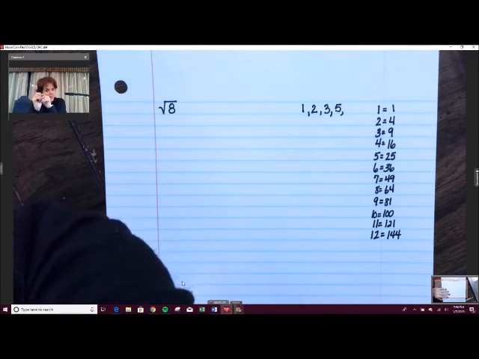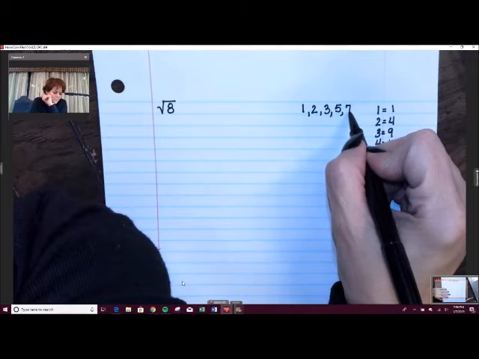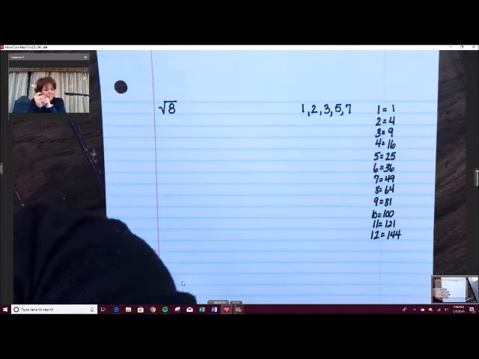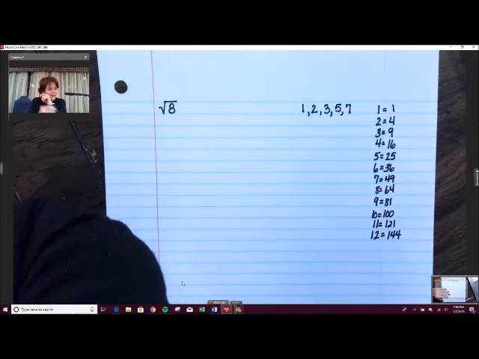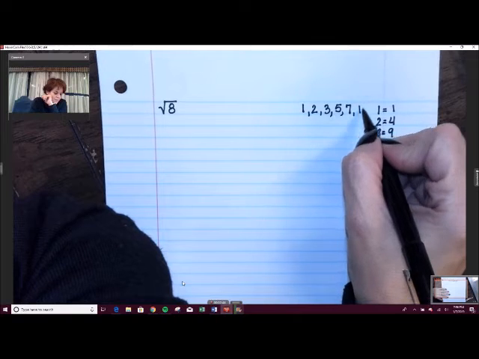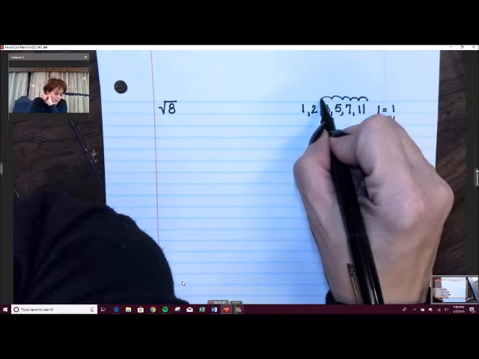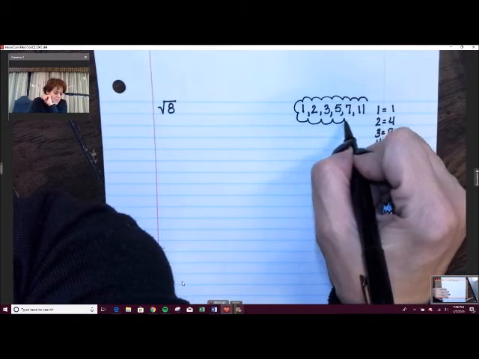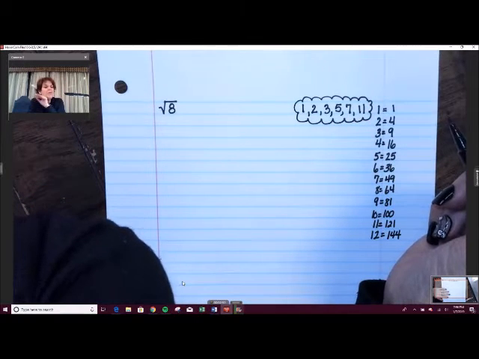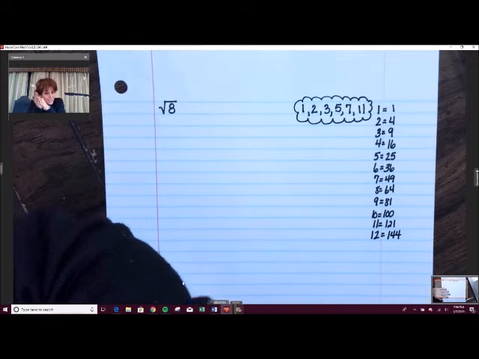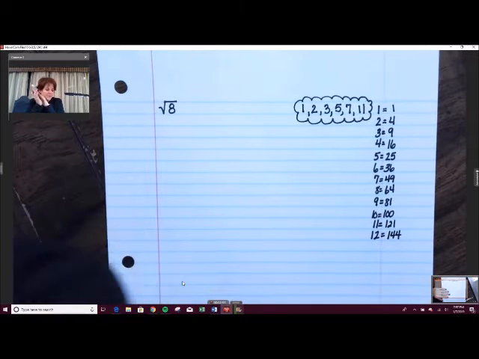So that's not going to be a prime number. 7, 1 times 7. 8, no, I can get 2 times 4. 9, 1 times 9, 3 times 3. 10, 1 times 10, 2 times 5. 11, yeah, 11 would be a prime. So these right here are going to be the prime numbers that I'm going to use. Every now and then they'll be bigger than 11, but for the most part, almost every time, I'm going to use these numbers right here.